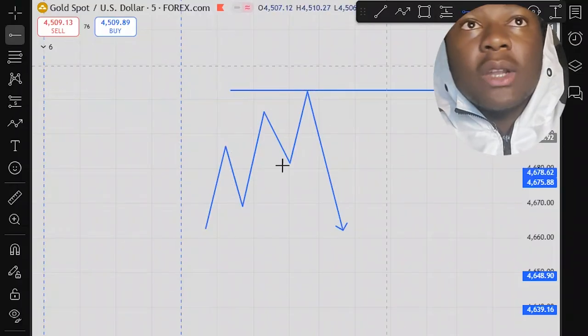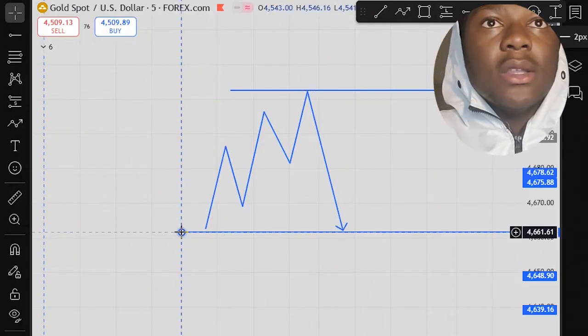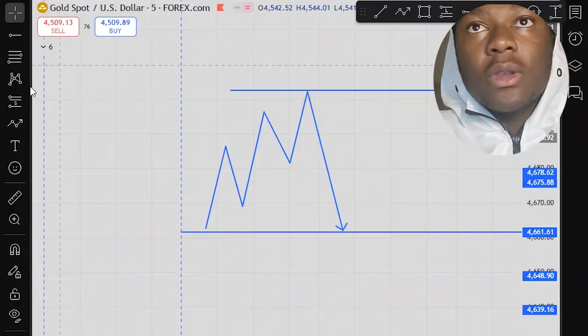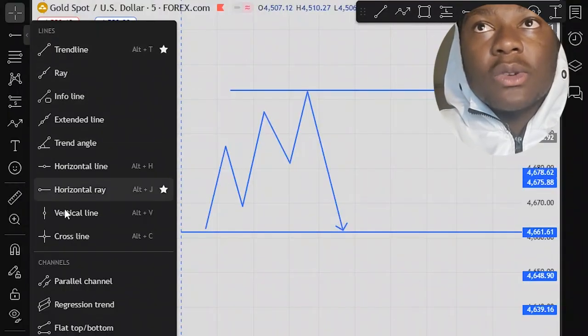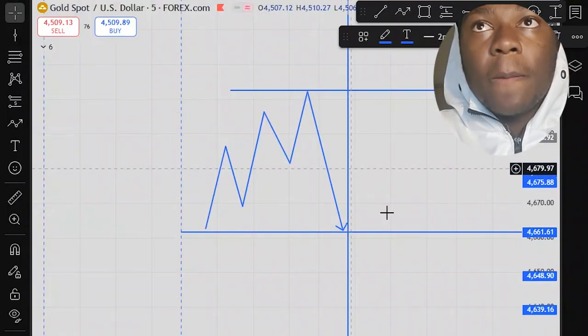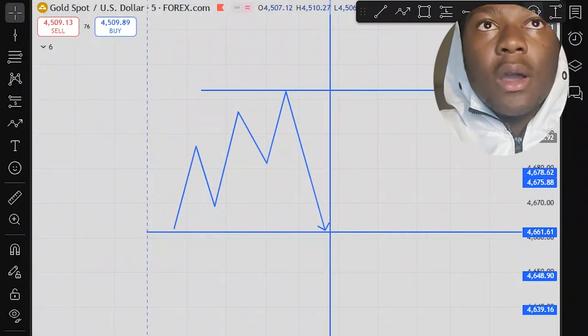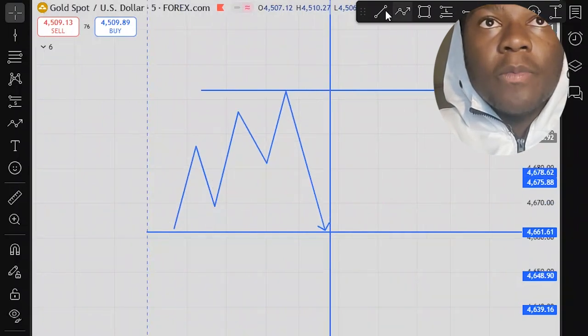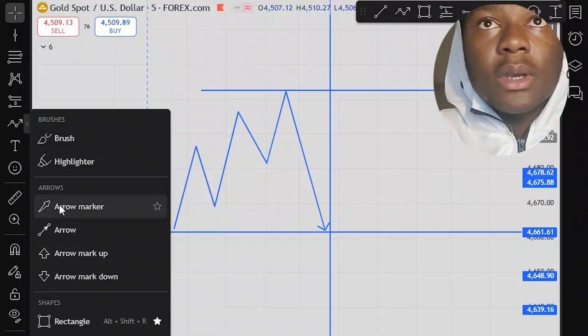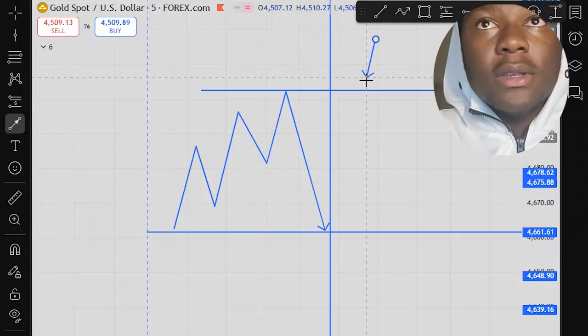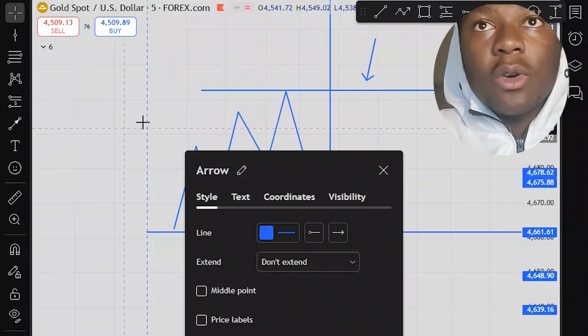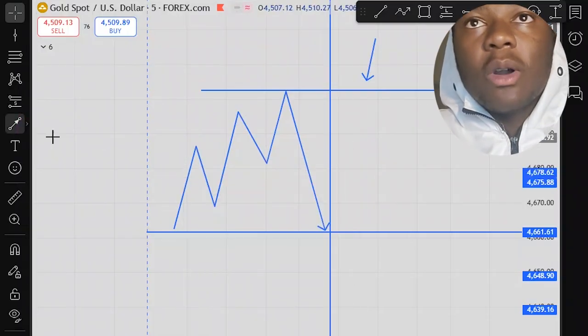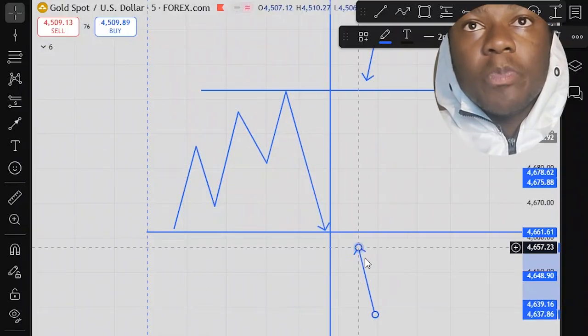That would be our previous day highs and lows, right? So that's going to be our previous day high, and this is going to be our previous day low. We have our PDH and our PDL.